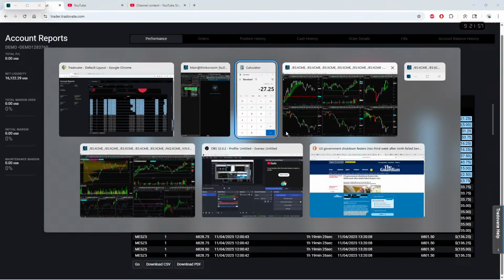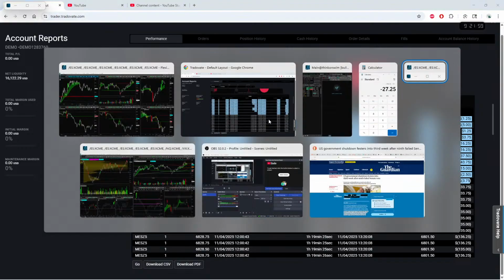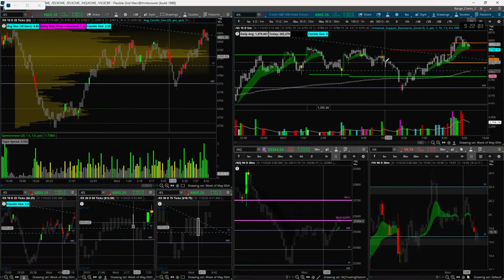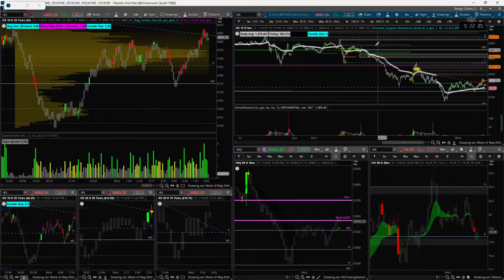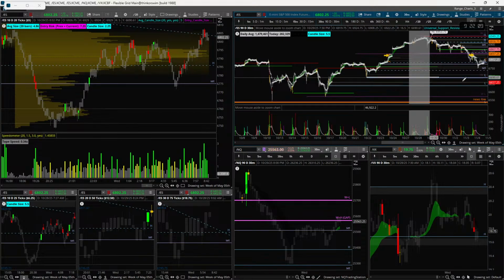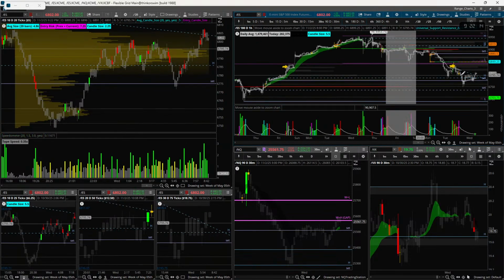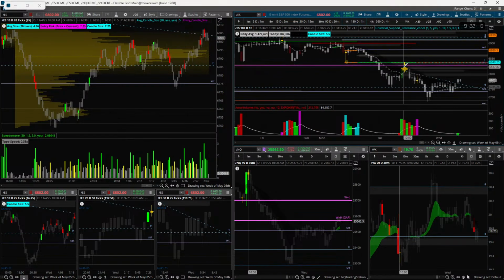The other thing is that, looking at the charts, we had a setup on the 1 hour, right, where price came to this level here and rejected, and I could have taken that short.